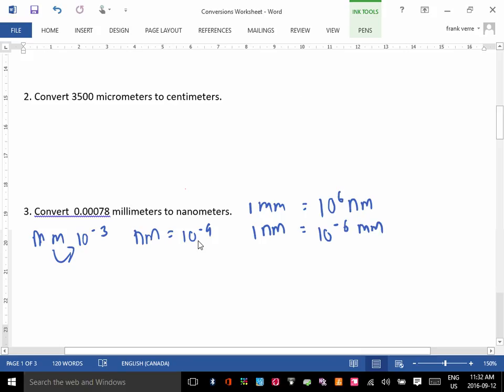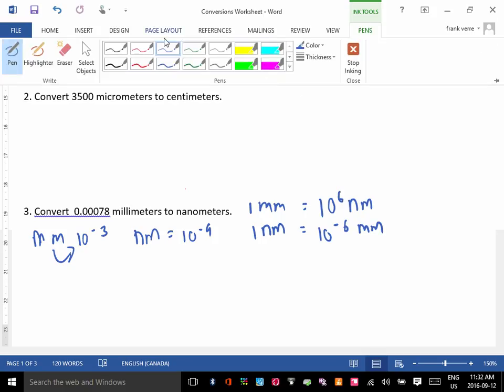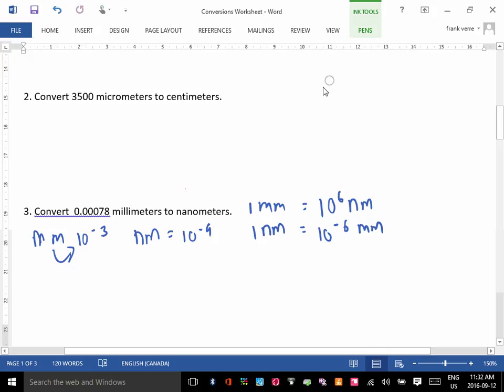So in this case, we want to go from millimeters to nanometers, right? So we have 0.00078 millimeters, and we want to have an answer in nanometers. Just by looking at this, you can tell that we need to get rid of millimeters, and we need to have nanometers in the numerator.